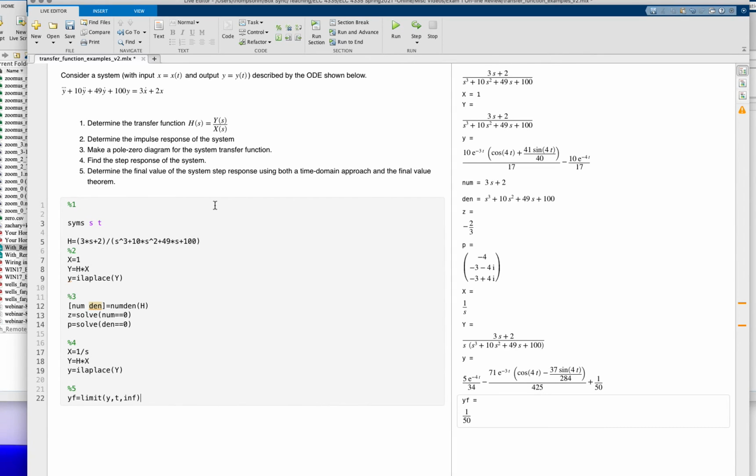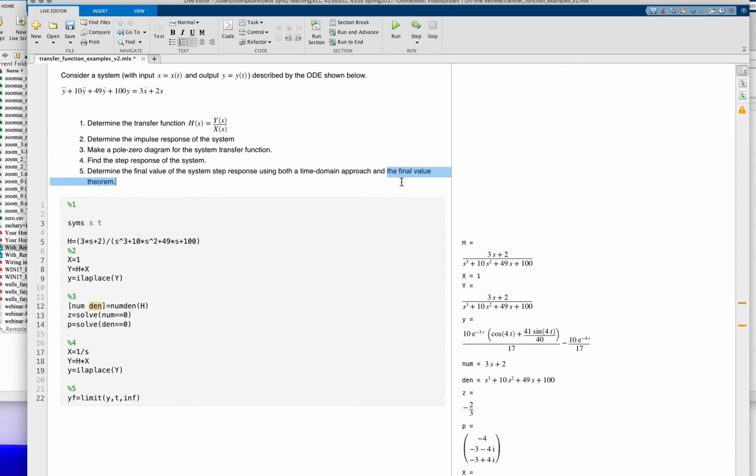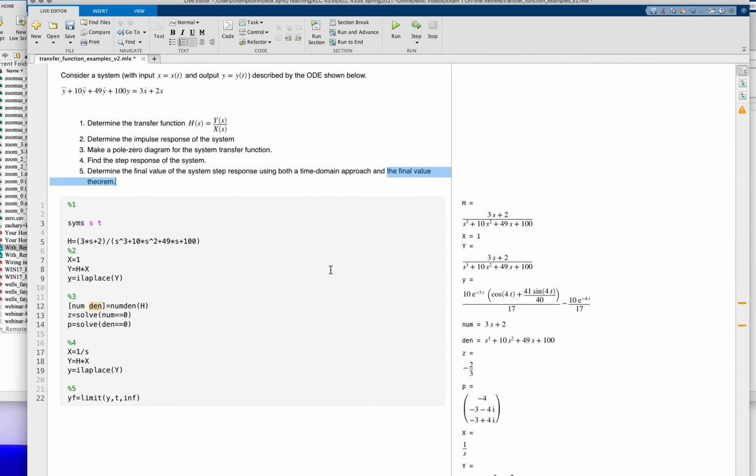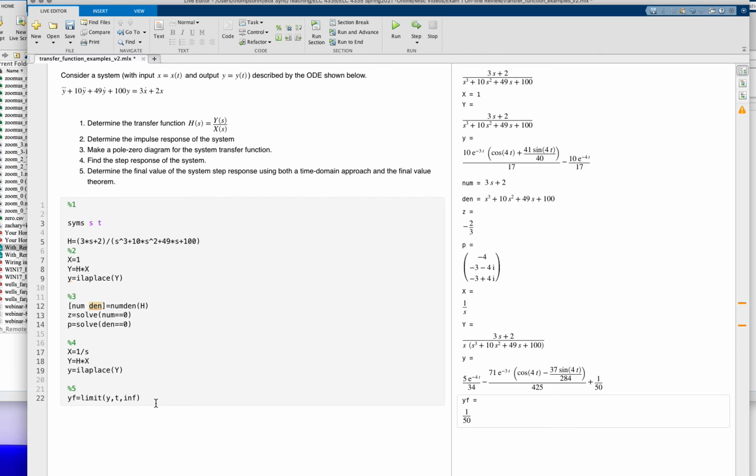The other thing that I wanted you to notice is that you can use the final value theorem to look at the final value of a given output, provided that the system is stable, meaning that it has poles in the left half plane. We're going to talk a little bit more about that as we go through the course, but we have talked about it a little bit in one of the videos that was on Canvas.